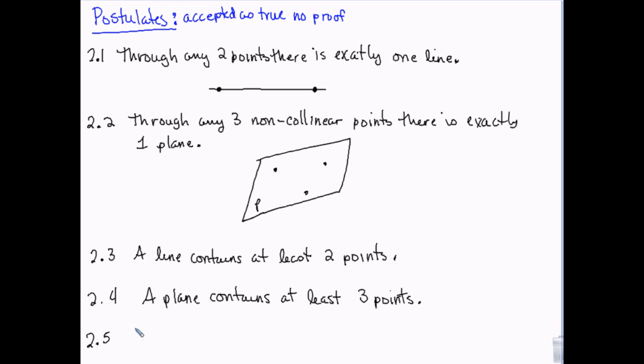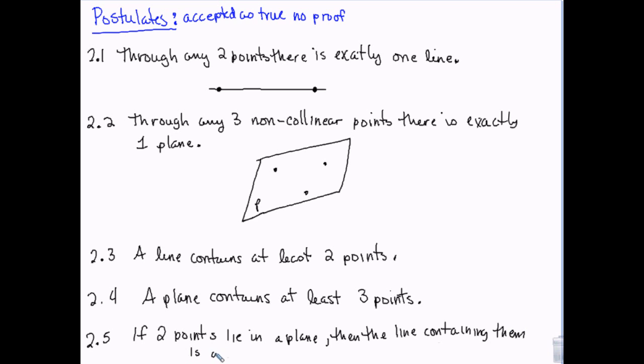And then the last one says if 2 points are on the plane, which tells me that if I have 2 points and they're on a plane, and I draw a line through those 2 points, it is also on the plane.